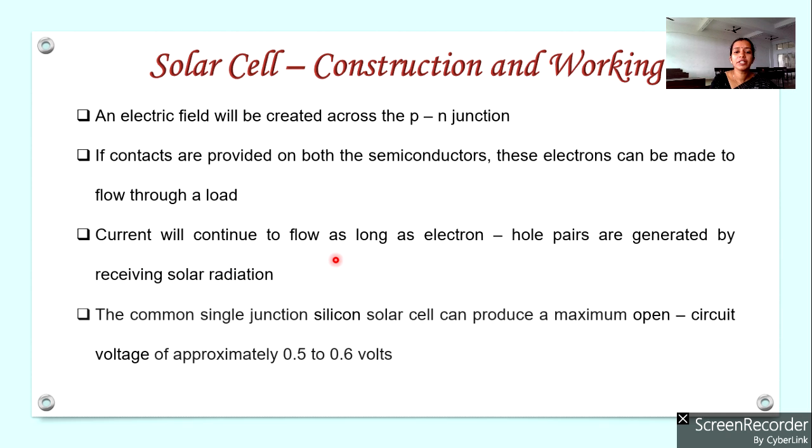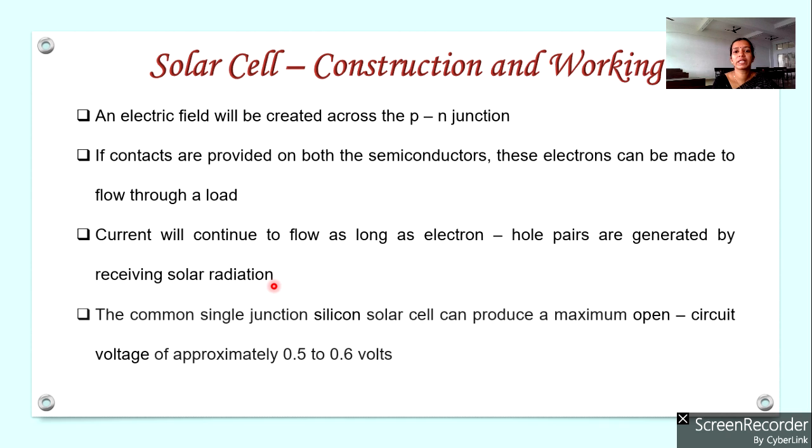Current will continue to flow as long as electron hole pairs are generated by receiving solar radiation. As more and more solar radiation is there, it breaks the covalent bonds, creating electrons and holes. The energy from the radiation helps to break the covalent bonds, so electrons get free from the bonds.